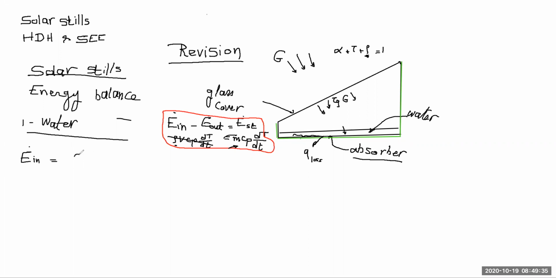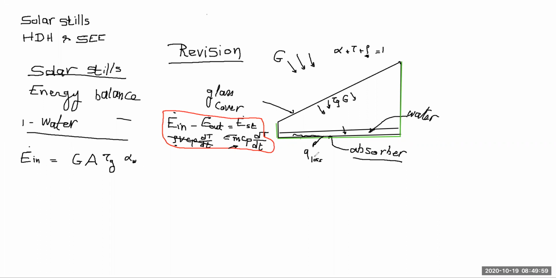So there is irradiation coming from the sun into the surface area of the water, times tau of the glass, because it has penetrated through the glass, is transmitted through the glass. Water is going to absorb part of the energy, so we have the absorptivity of the water.